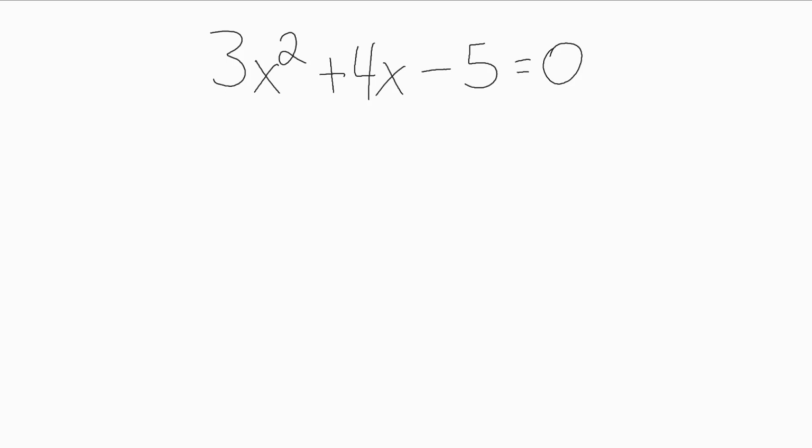So the first thing we need to do is identify our a, b, and c. Well, 3 is a, 4 is b, and negative 5 is my c. So we have to make sure we take those negatives with them. Now let's plug it into our quadratic formula.